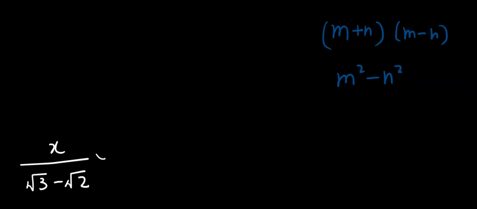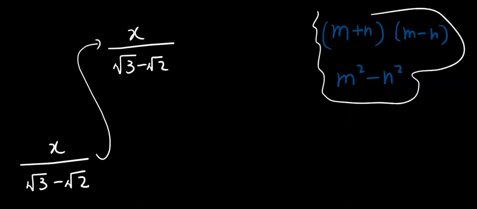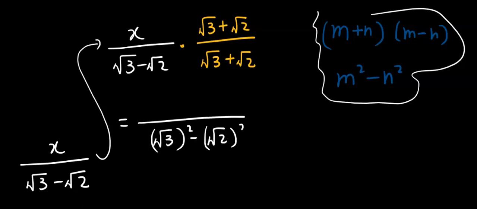All right, our next question is right here. We're going to copy it down and then utilize this rule. Therefore, we're going to times square root 3 plus square root 2 over square root 3 plus square root 2. So the denominator gives us square root 3 squared minus square root 2 squared.